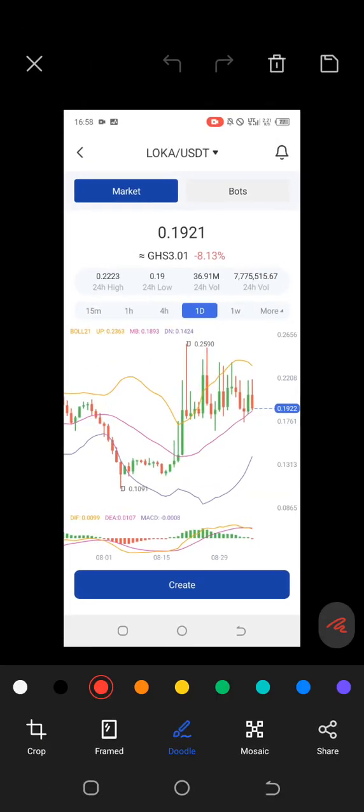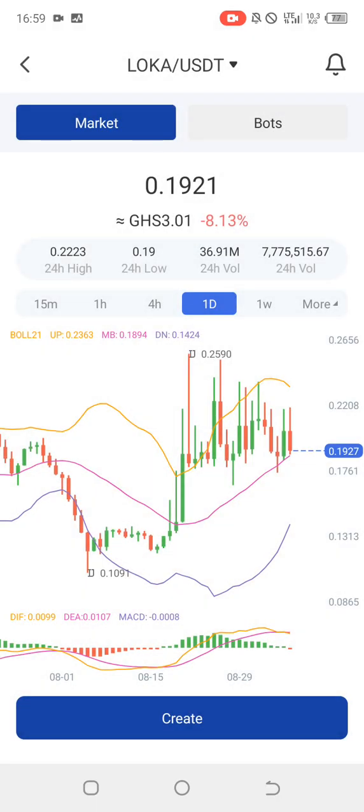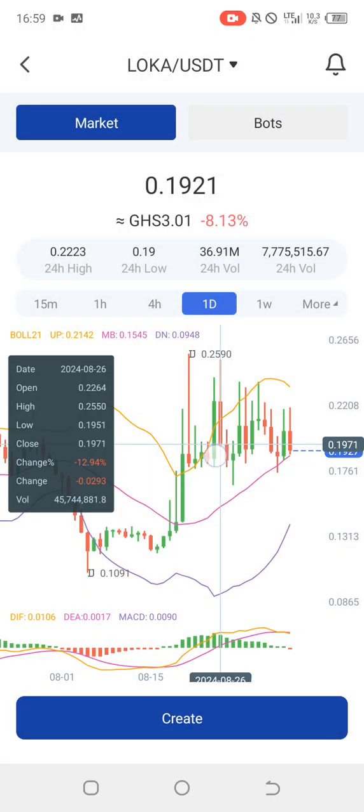Okay, you see this one here, you see 24 high, 24 low, meaning that in the previous daily candle, the previous daily candle's high and the previous daily candle's low. Okay, now if you want to get the close price and the open price, you just have to, so let me take this one off. Sorry, you just have to use your crosshair.